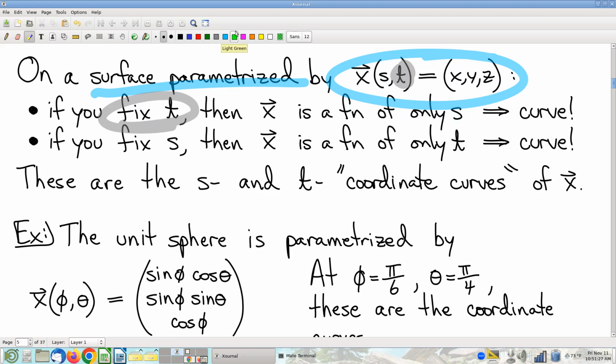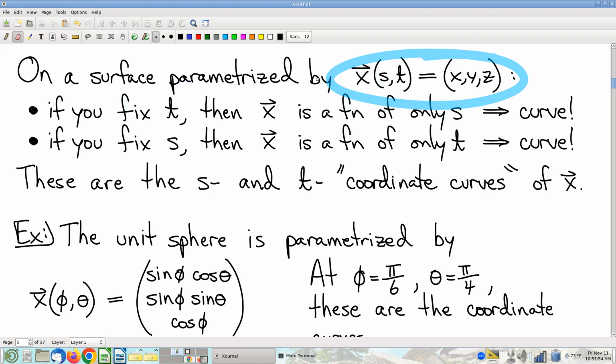So what I've got now is position, x, y, z, as a function of just the one variable. Position as a function of only one variable, well, we know what that is. That's a parametric curve. That's the definition of a parametric curve.